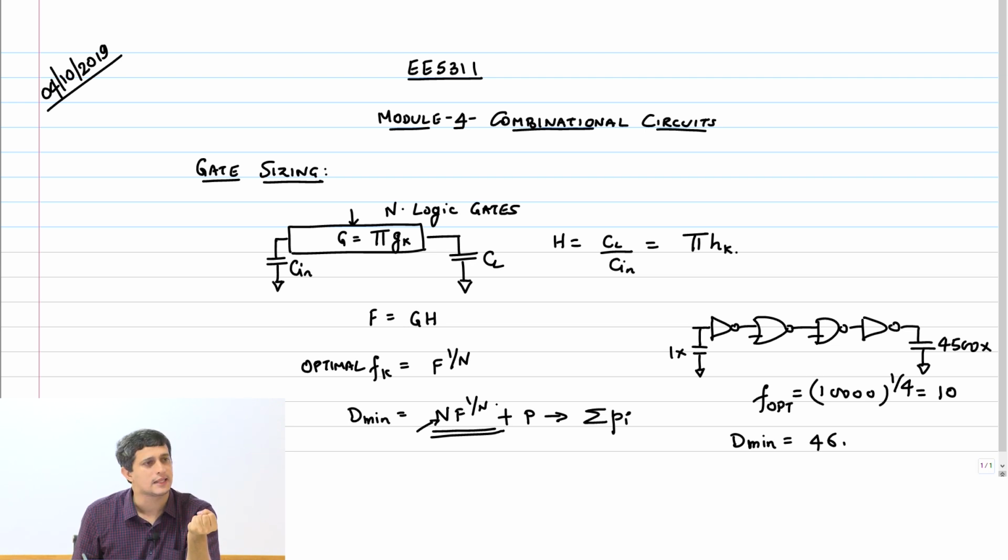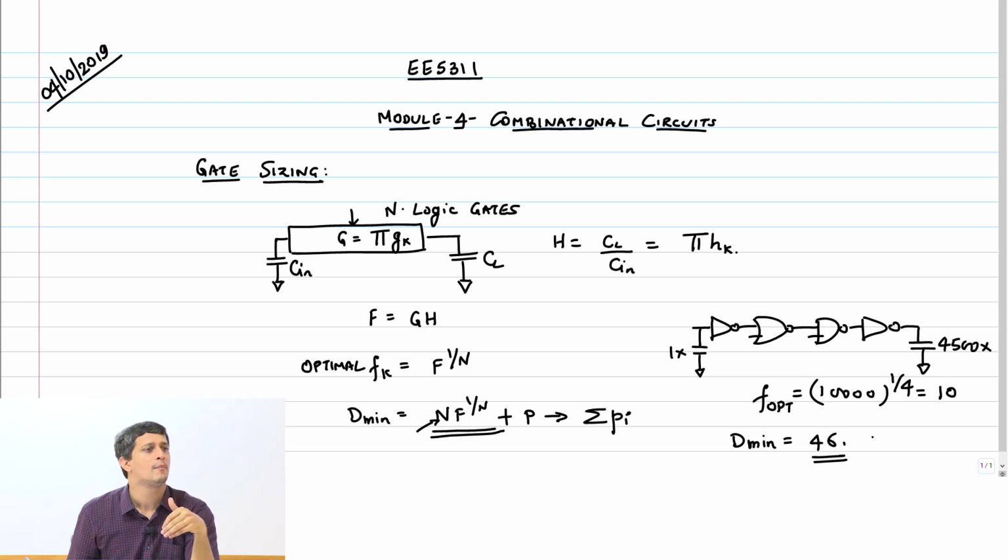And therefore we said that if you have a path with very few gates driving a very large load capacitance, even this delay is technically not the most optimal. It is optimal given that you have only those many number of gates, n gates. That is true.